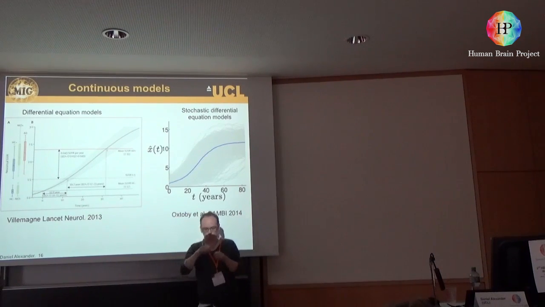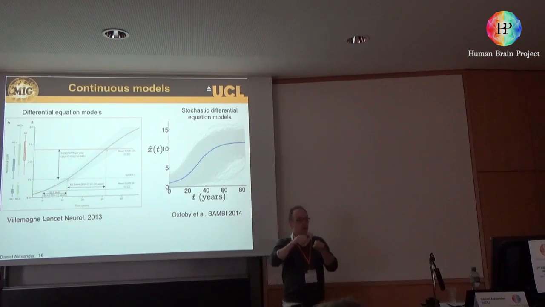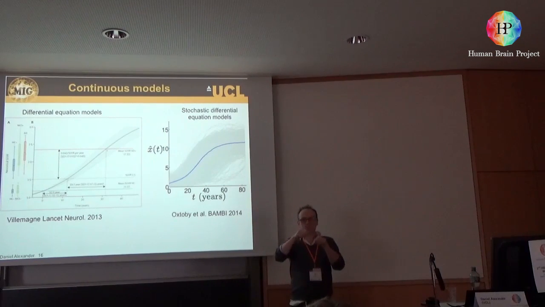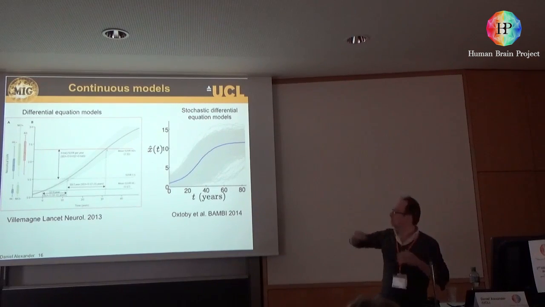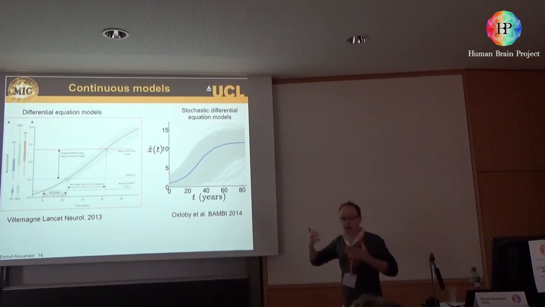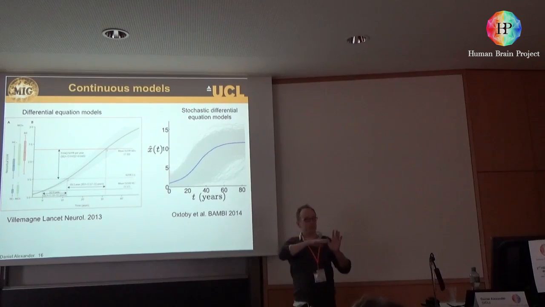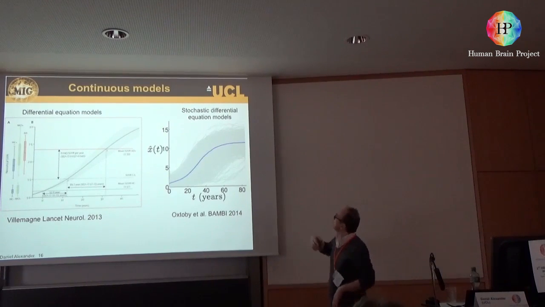Differential equation models use short-term longitudinal data points across a large number of patients to give lots of samples of the gradient of a biomarker trajectory. And from that you can piece together a long-term picture of how it evolves.